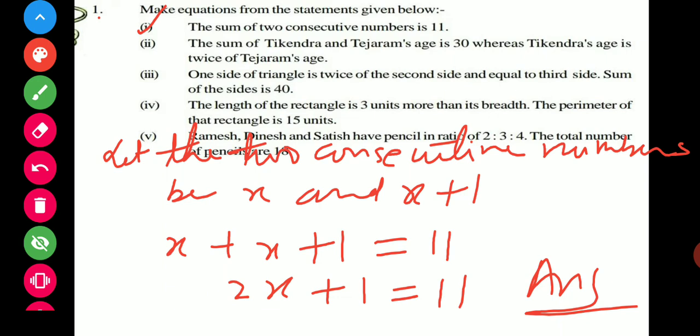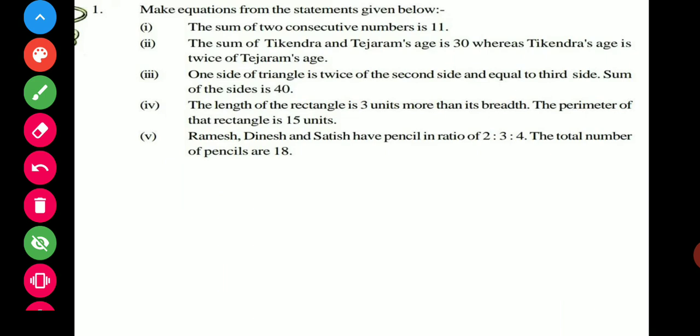Now come to the second question. This one, the sum of Tikendra and Tejram's age. So here it is given that Tikendra's age is twice the Tejram's age.